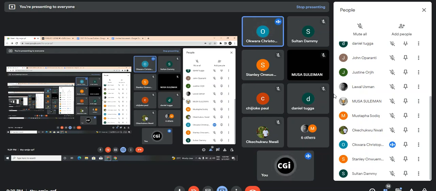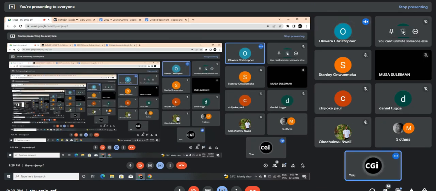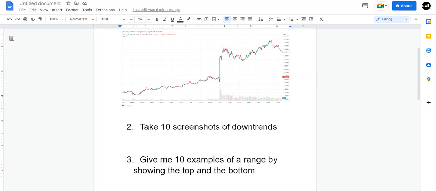That will be better. Okwara, are you saying something? I was asking if you had a question. I just wanted to know how we submit the assignment. Since it's PDF, just save it as a Word document or PDF and submit the file in my DM.